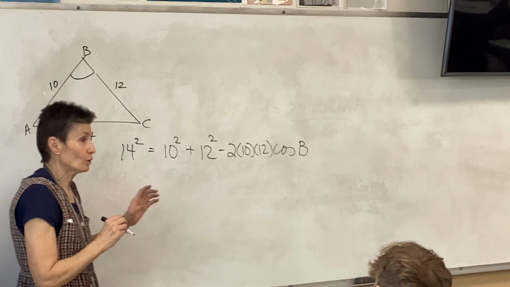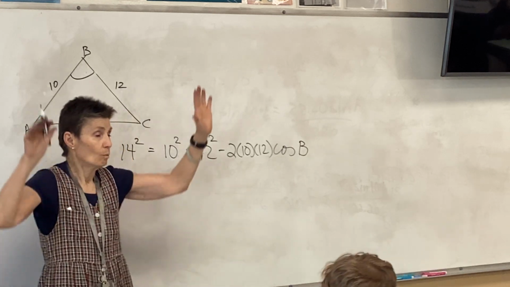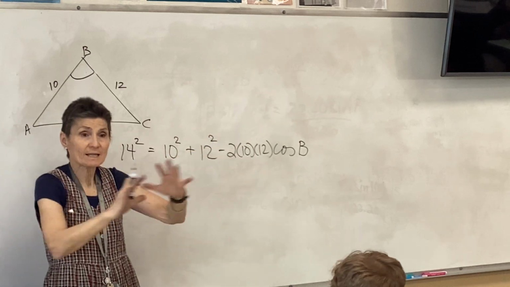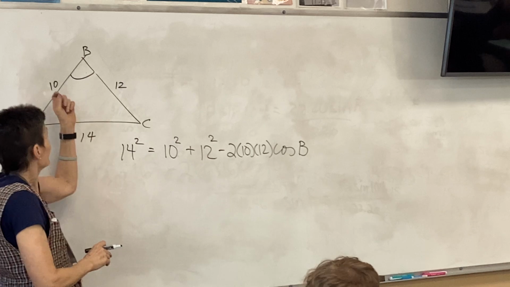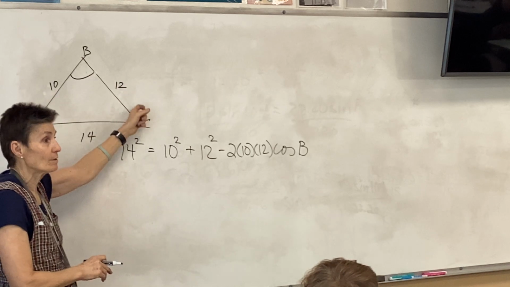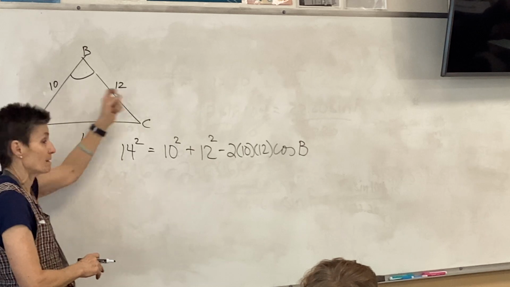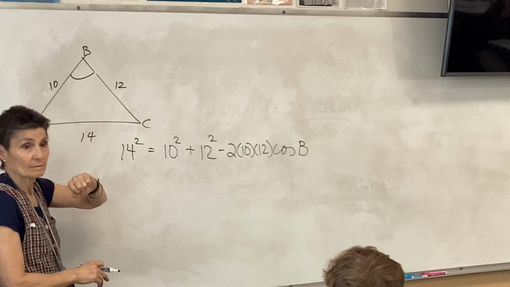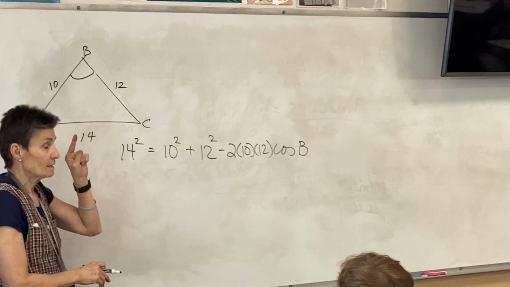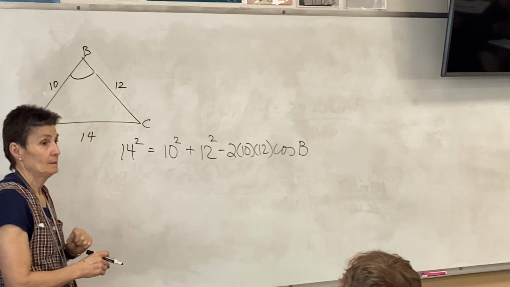Right? It looks so hard, but it's so easy. Once I picked my angle, that's both ends. And then everything in the middle is the other two sides: squared plus squared minus 2 times the middle. Now, this one is harder to type in.